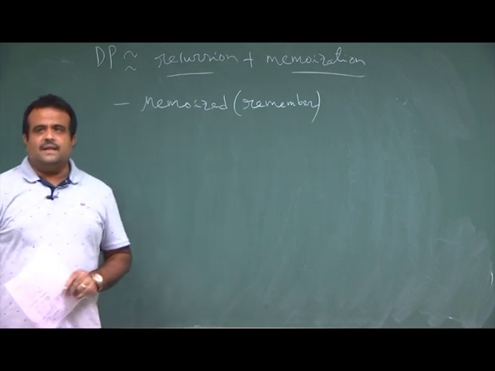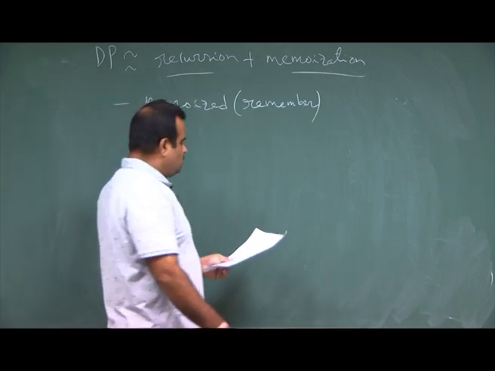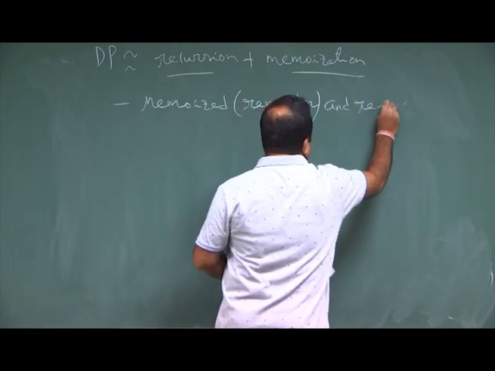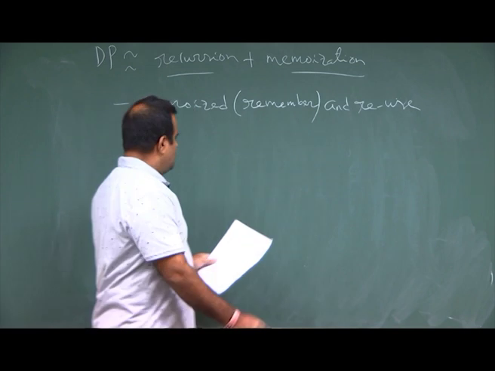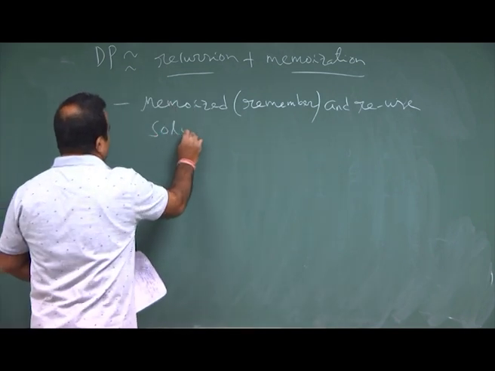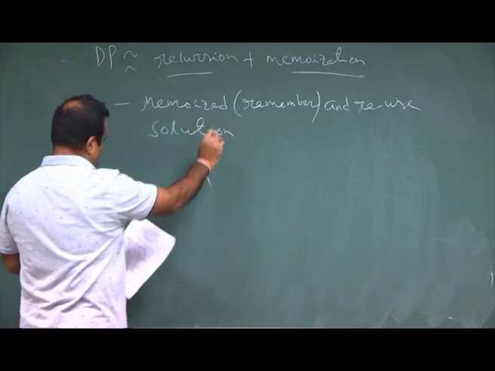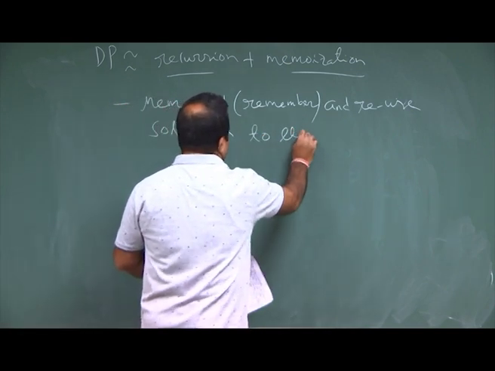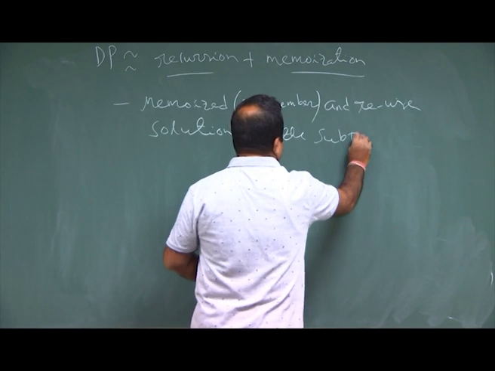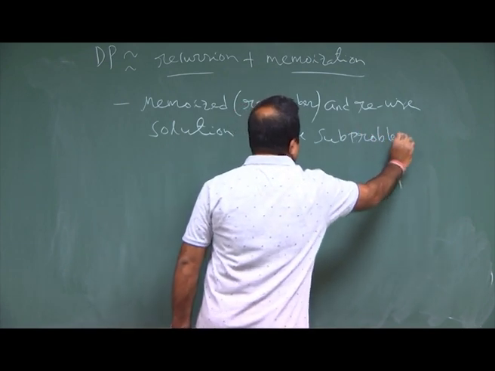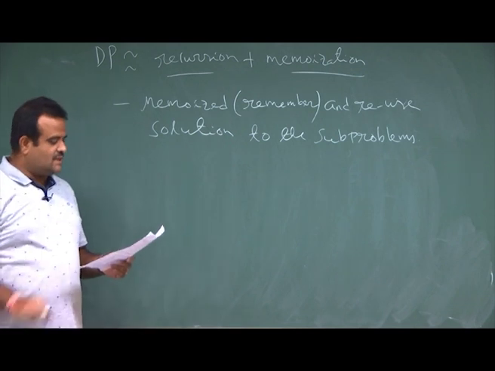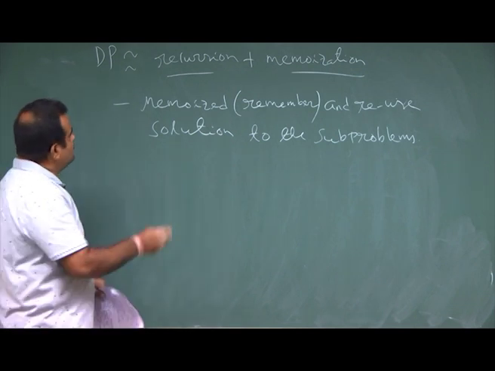the value which we have already calculated, and we reuse the solution to the sub problems. So, what are the sub problems in Fibonacci numbers?